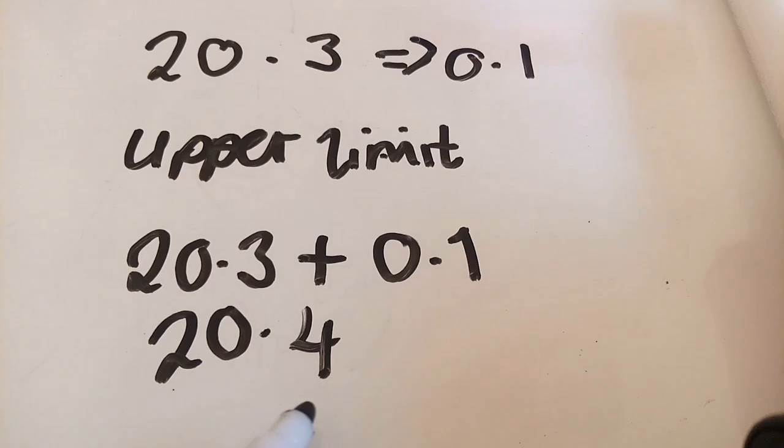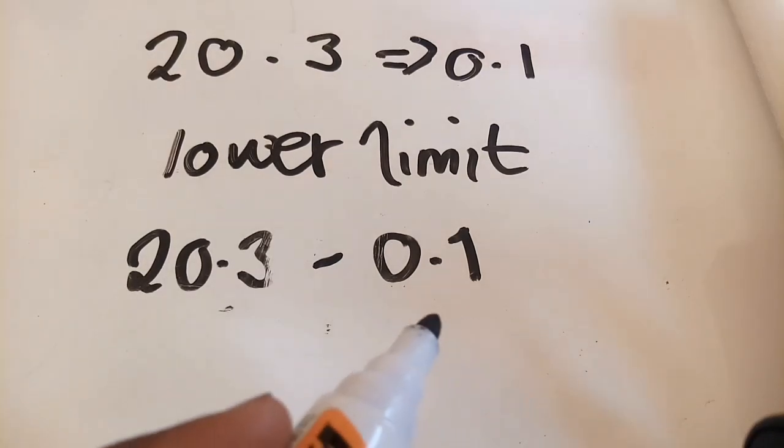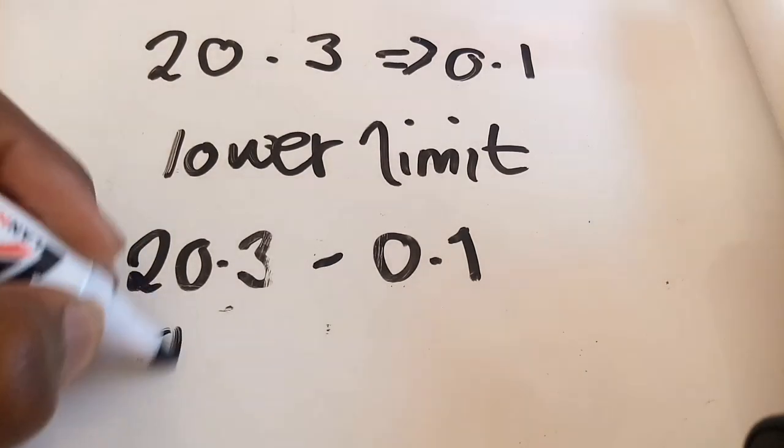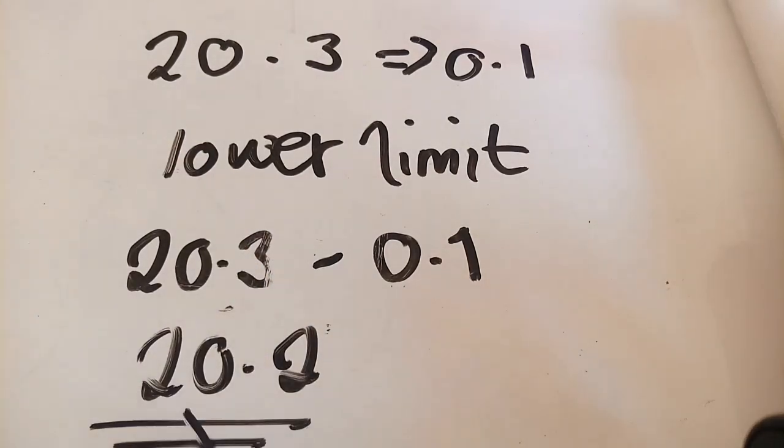That is the upper limit. For the lower limit, we subtract: 20.3 minus 0.1 gives us 20.2 as our lower limit. So we've understood upper limits and lower limits, where you just have to determine the least unit of measurement, which is determined by the number of decimal places. Then you add it to the true value for the upper limit, and subtract it from the true value for the lower limit.